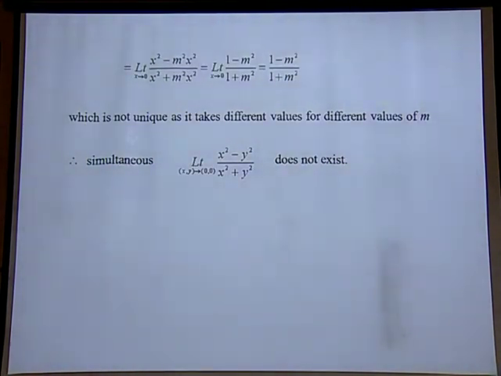So, we got the simultaneous limit as a constant value, which will be different for different values of m. So, this is not unique. So, when the limit is not unique, then it does not exist. So, although iterated limits exist, the simultaneous limit of x square minus y square over x square plus y square as x y tends to 0 0 does not exist.